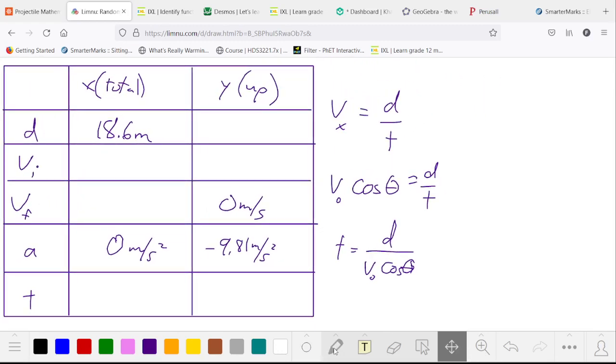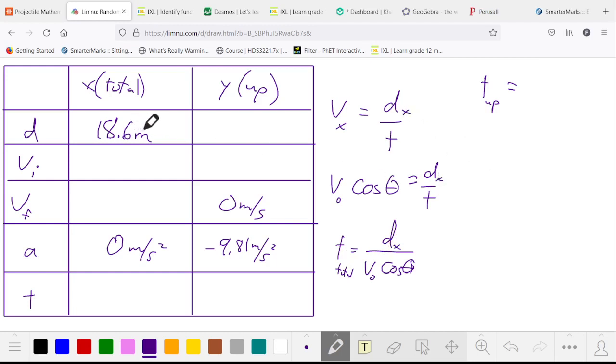The next piece is to say, we know that when this goes up, right, it hits that VF 0, we can figure out the time there. So the time up, I should mention this is time total. So the time up is going to be, I'm going to label that x, because we're going to have both floating around here.